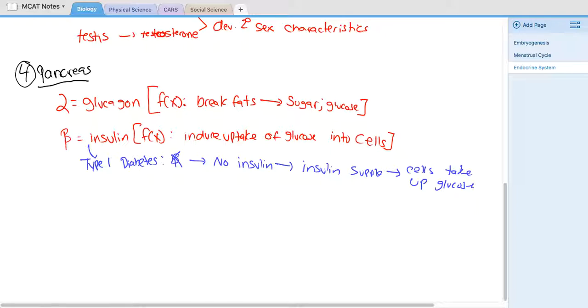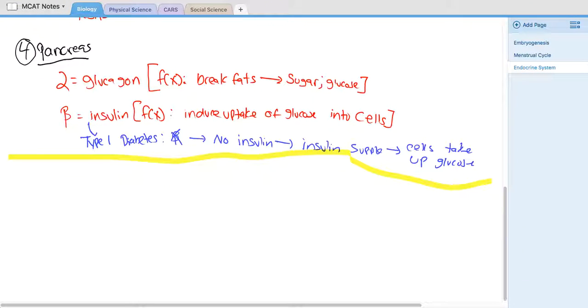I'm going to put a little division right here. All right, up next. So we're going to talk about how the hypothalamus and pituitary gland work together. So you're going to have two different types. You're going to have tropic, and you're also going to have direct.